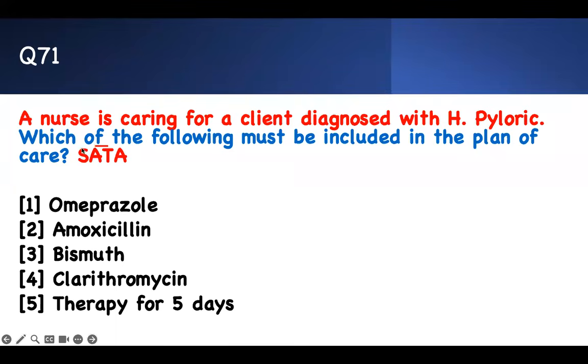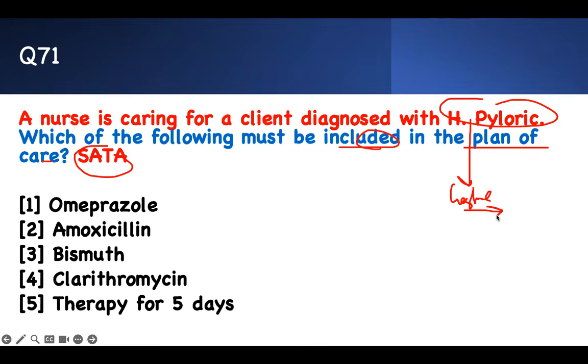Number 71. Select or apply. Which of the following must be included in the plan of care? A nurse is caring for a client diagnosed with H. pylori infection, right? What will you include? You know, this is your gastric problem, affecting the stomach. It's an infection. It's the bacteria. The key is you need 2 antibiotics.